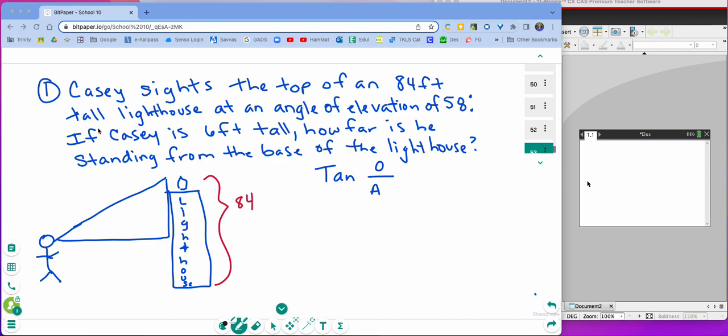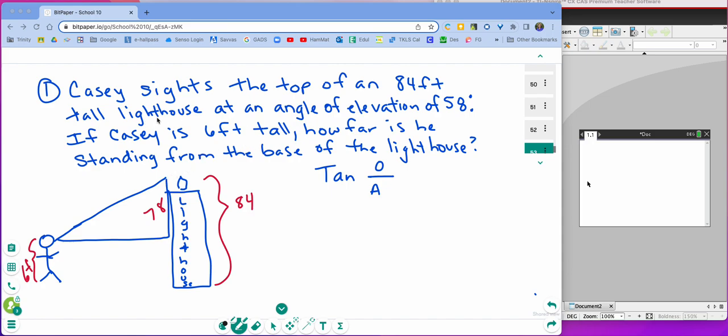And we know that Casey is 6 foot tall. So if we take the lighthouse height and minus the height of Casey, we now know the distance from the horizontal line to the top of the lighthouse, which would be 78.